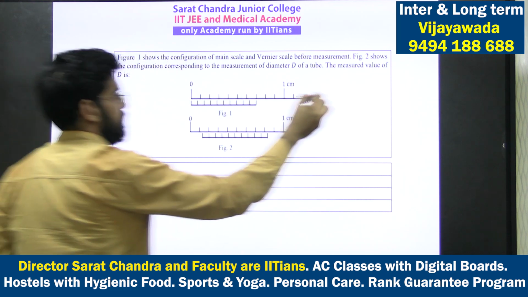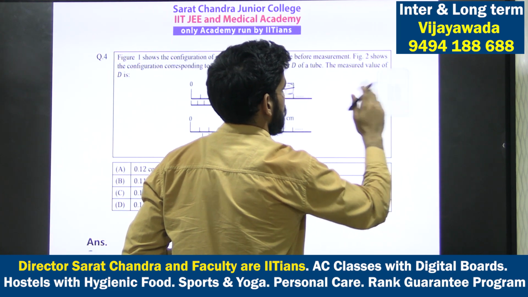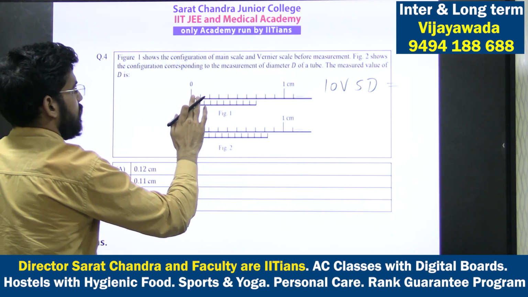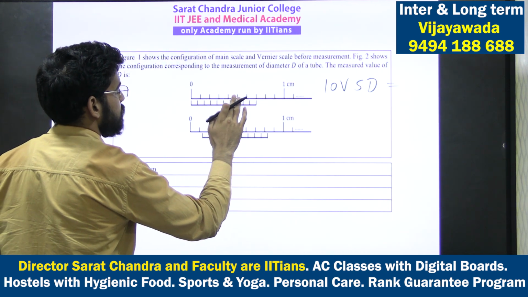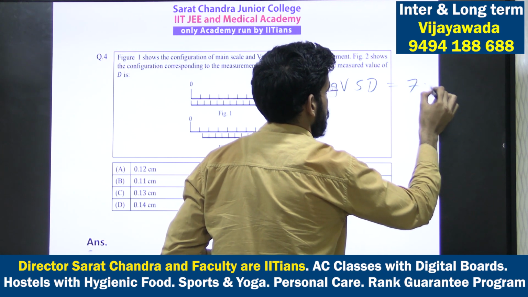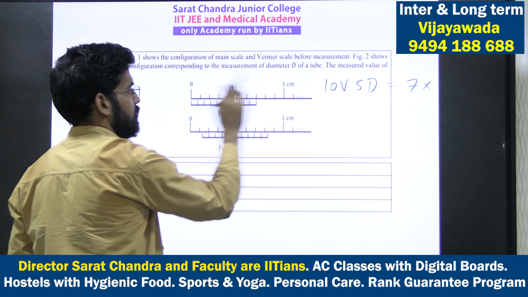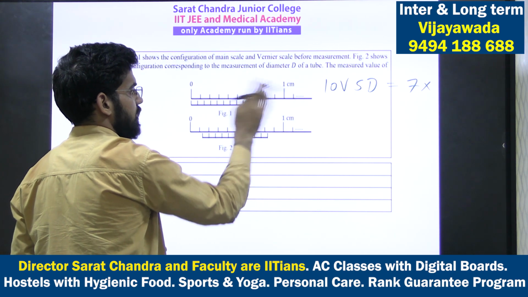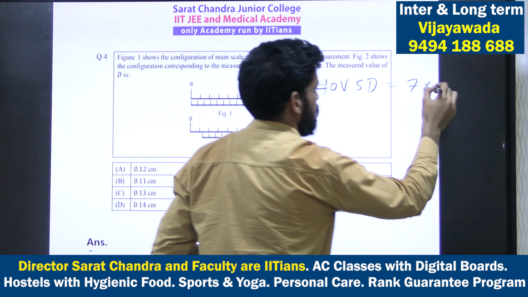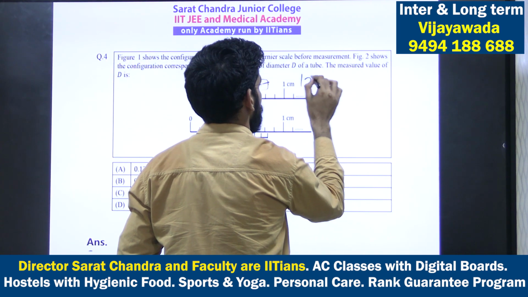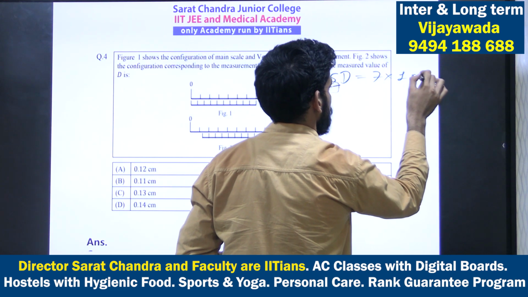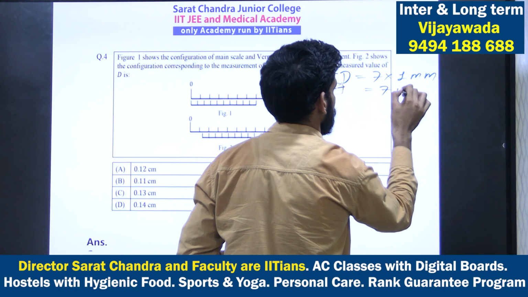So 10 vernier scale divisions equal 7 main scale divisions. Every main scale division is 1 millimeter, so 10 vernier scale divisions equal 7 into 1 millimeter, that means 7 millimeter.